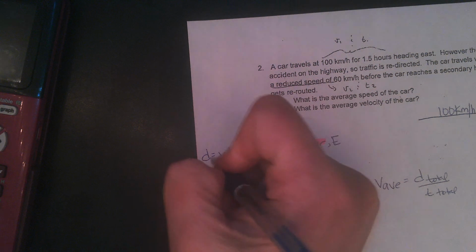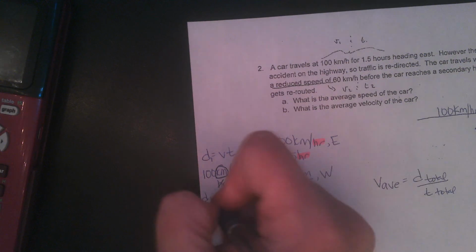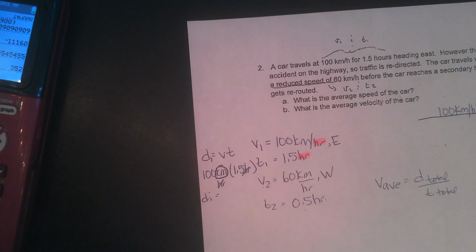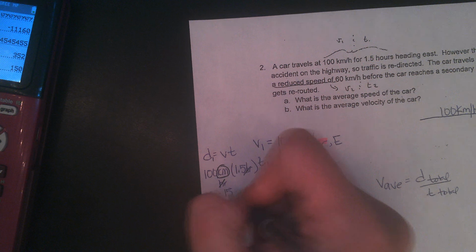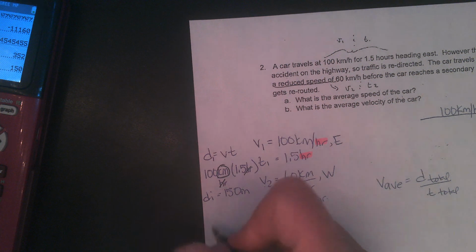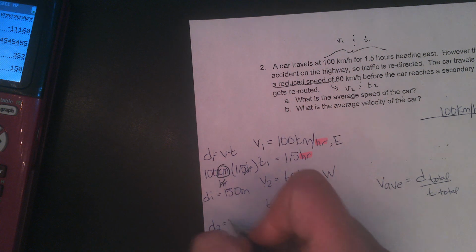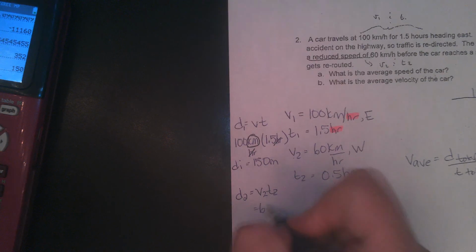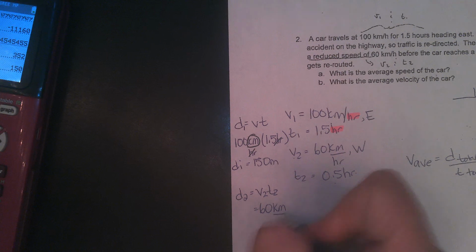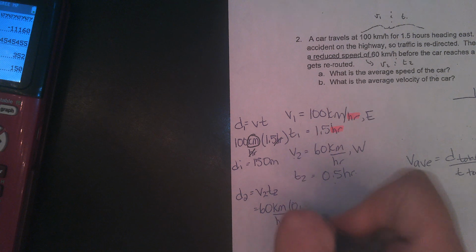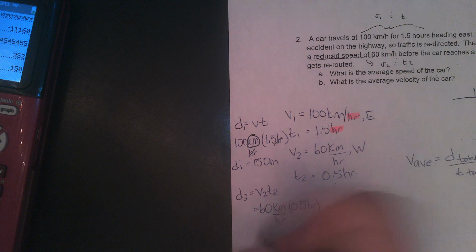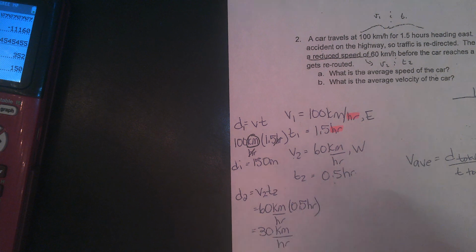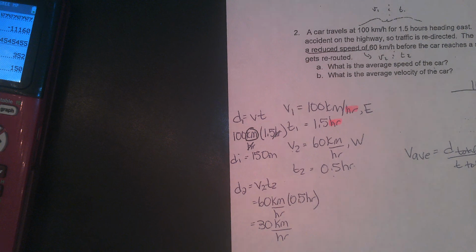So distance 1 is equal to, oh, I did not need a calculator for this. And then D2 is going to be equal to 30 kilometers.